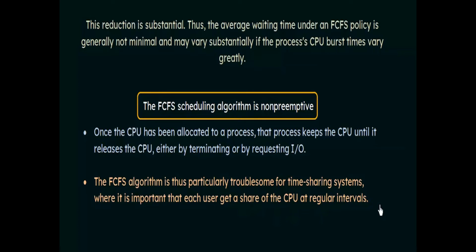Once the CPU has been allocated to a process, that process keeps the CPU until it releases the CPU, either by terminating or by requesting an input-output operation. So the first come first serve scheduling algorithm is non-preemptive.